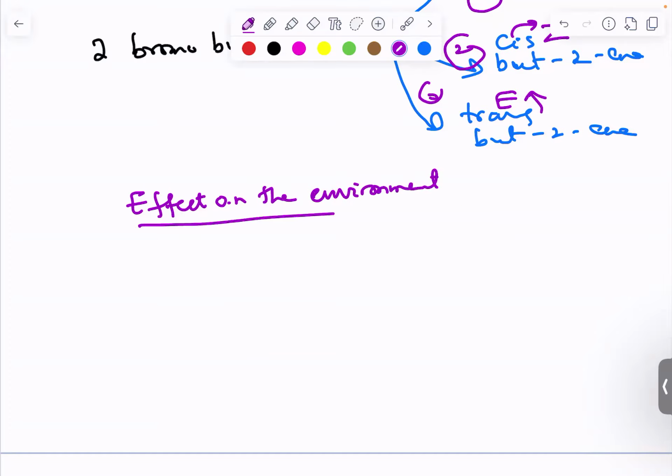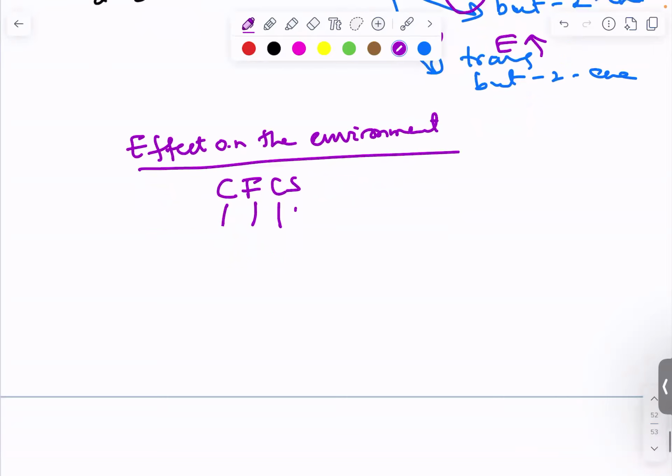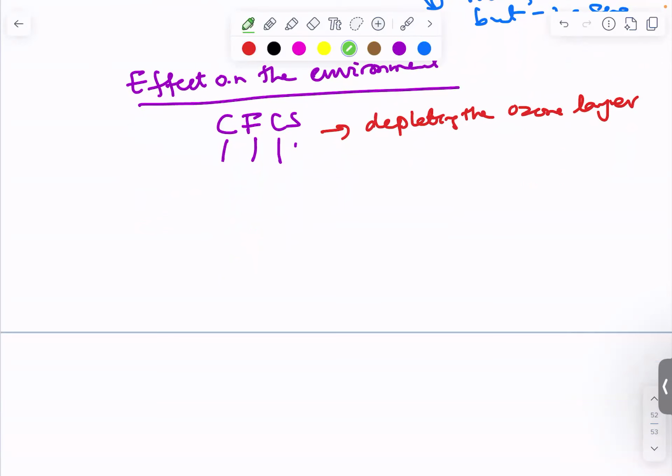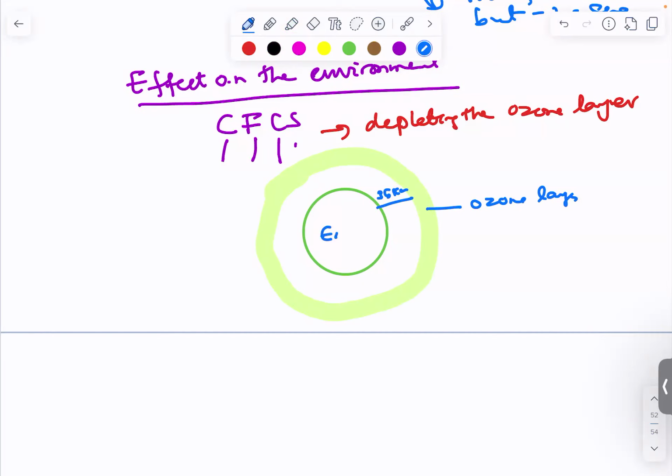Actually, chlorofluoroalkanes, CFCs, chlorofluorocarbons or chlorofluoroalkanes, are depleting the ozone layer, because you know that around the earth, 35 kilometers away from the earth, there is a blanket of ozone layer. So this is the ozone layer, which is 35 kilometers away from the earth.